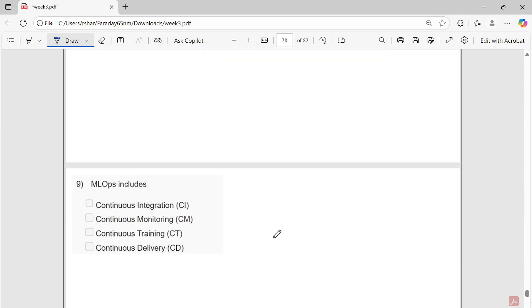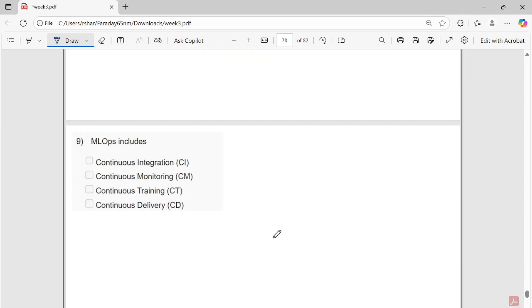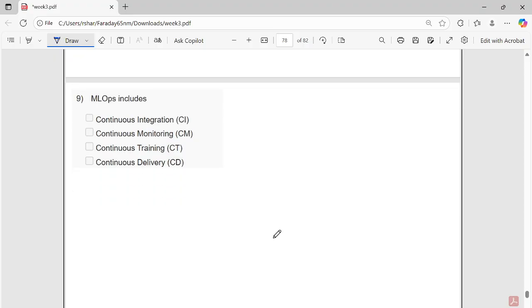The next question, MLOps includes. The first one is continuous integration, CI, automating integration of the code and the ML model. So yes, it is included.